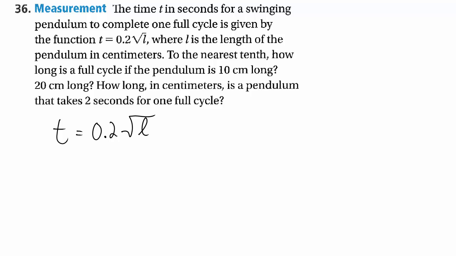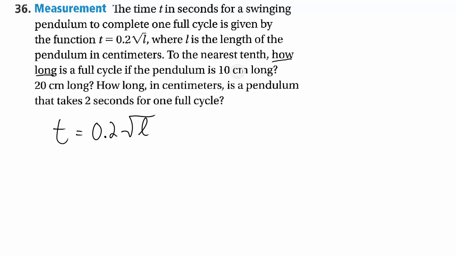But we're asked this: if the pendulum is 10 centimeters long, how long? And when they say how long, they mean how much time is a cycle. When they say cycle, they mean measure it specifically in seconds. So a cycle t in seconds is given by 2/10 times the square root of L, meaning the length.